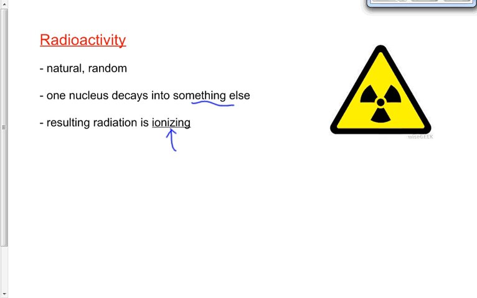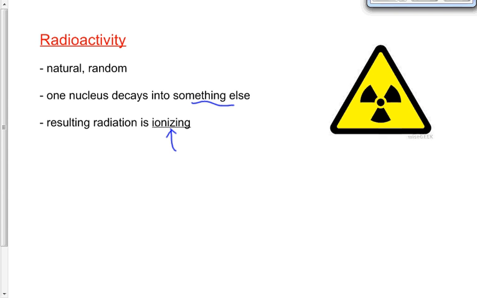Chlorine -1, sodium +1, right? It's gained or lost an electron. Something that is ionizing radiation has the ability to turn atoms into ions. It has the ability to take electrons away or add electrons to something if it's ionizing. It's something that accomplishes the feat of turning an atom into an ion.